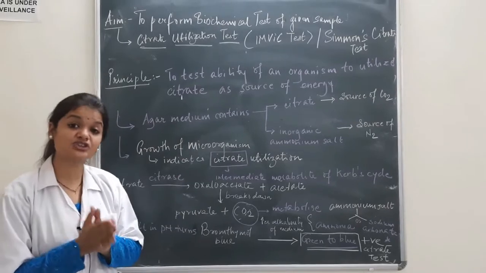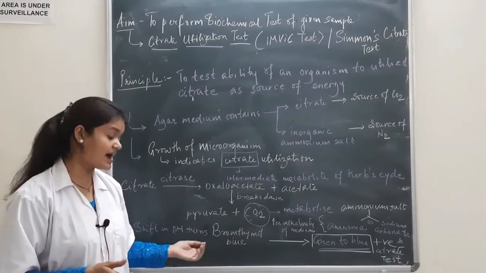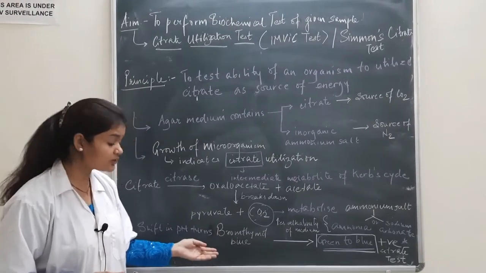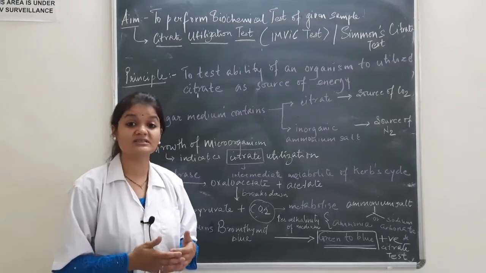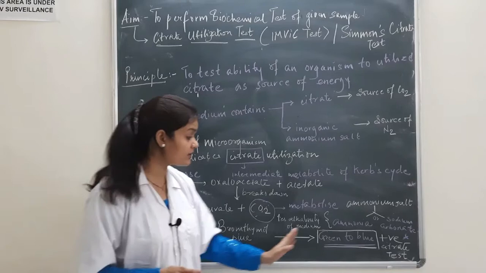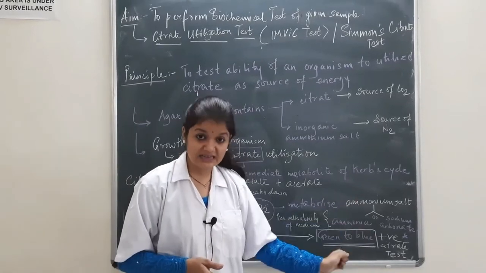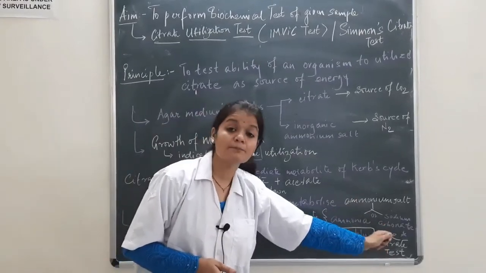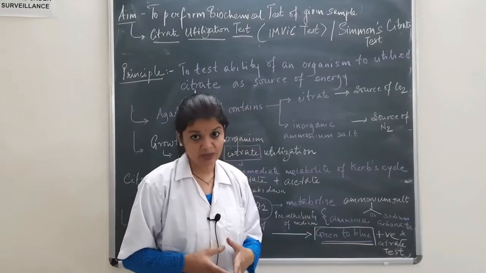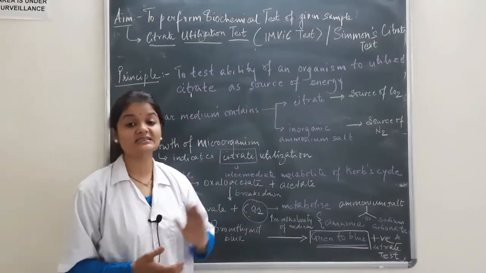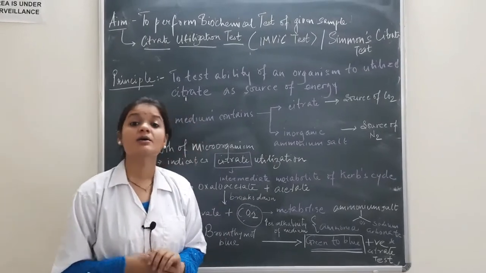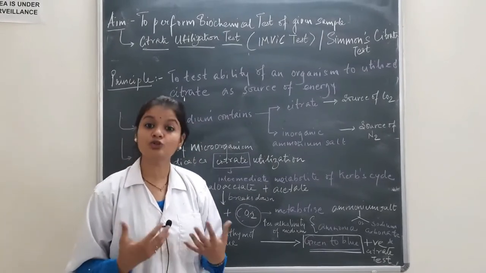Because of this shift in pH, the bromothymol blue in the medium changes its color from green to blue. This indicates a positive citrate test. A positive citrate test indicates utilization of citrate by the microorganism for growth.